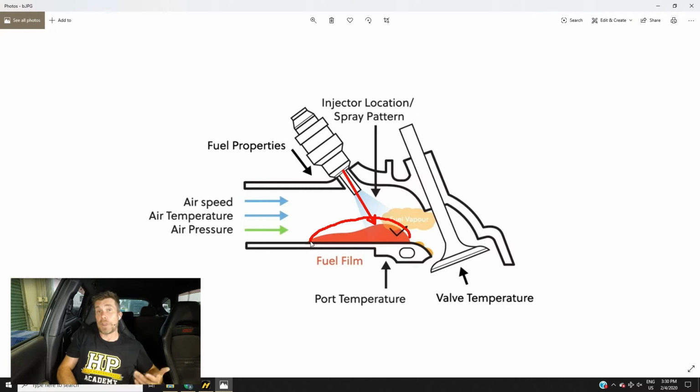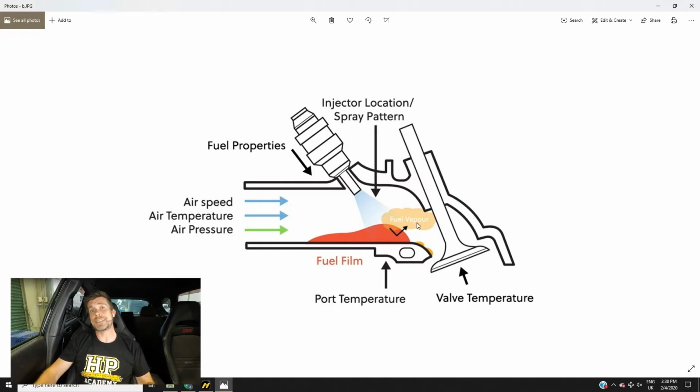And at the same time, while that fuel film is increasing in size, we've got less of our fuel being vaporized off. So essentially for a very short period of time until that fuel film reaches equilibrium again, or it reaches a constant size, a portion of the fuel that's being injected actually isn't making its way into the cylinder. Instead, it's being used to increase the volume of that fuel film.